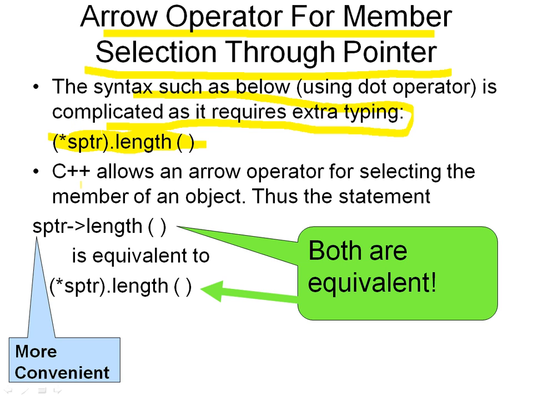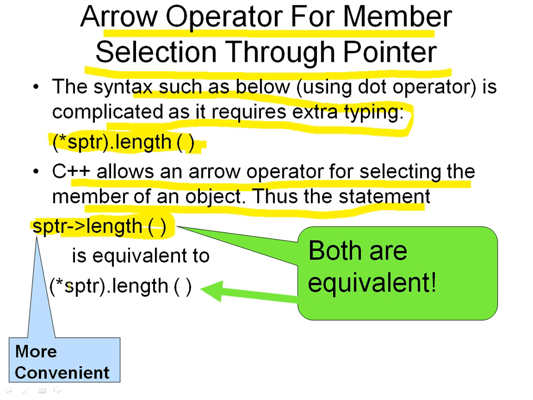In order to make life simpler, C++ allows an arrow operator for selecting the member of an object, and thus we can rewrite this whole statement like this: SPTR, which is the pointer name, arrow, and the member selection, which is invoking the length member function.